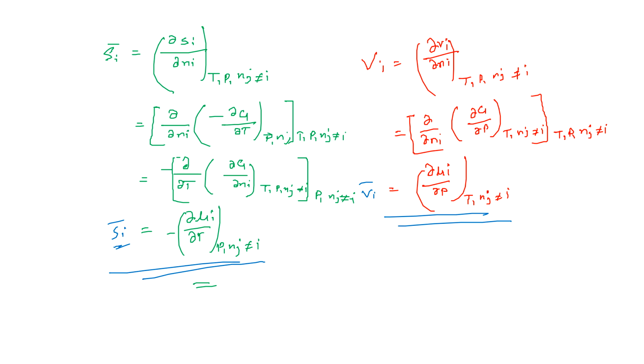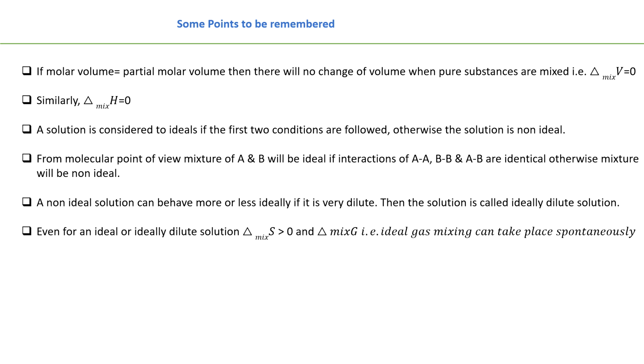Now, once we have understood the molar quantity and partial molar quantity, a few points we have to remember. The first point is the molar volume. When molar volume and partial molar volume are equal, then there will be no change in the volume when pure substances are mixed, that is delta mix V equals 0.